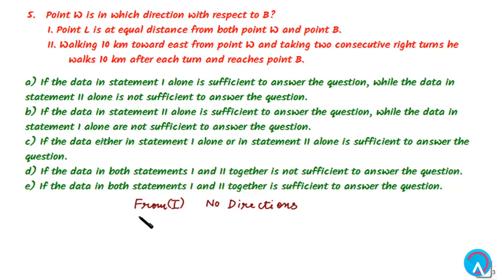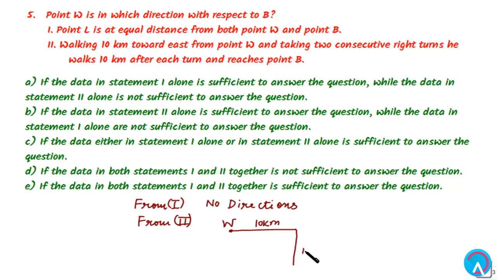Let's take point 2. The second statement says walking 10 kilometers towards east from point W. So if this is point W, here we are walking 10 kilometers eastwards and taking 2 consecutive right turns. He walks 10 kilometers after each turn. So the first right turn will be here.